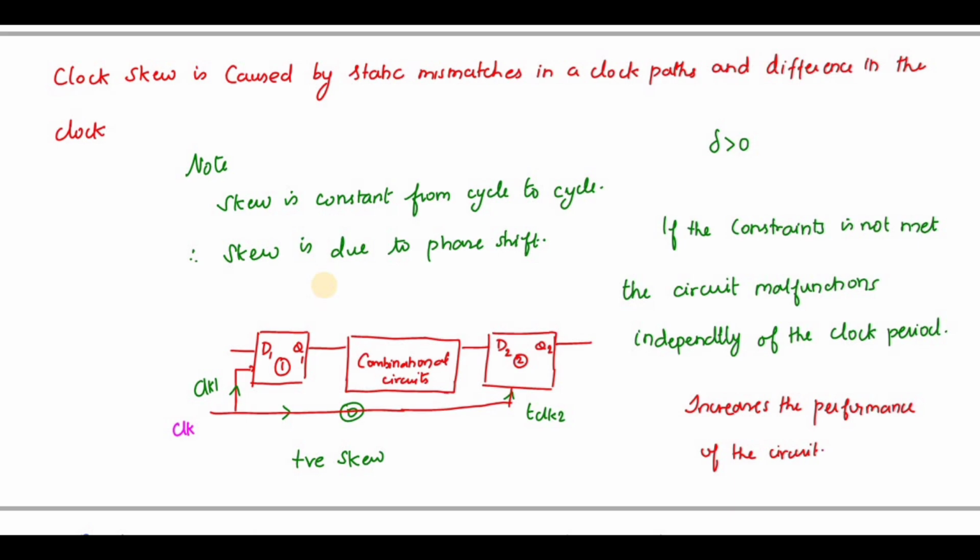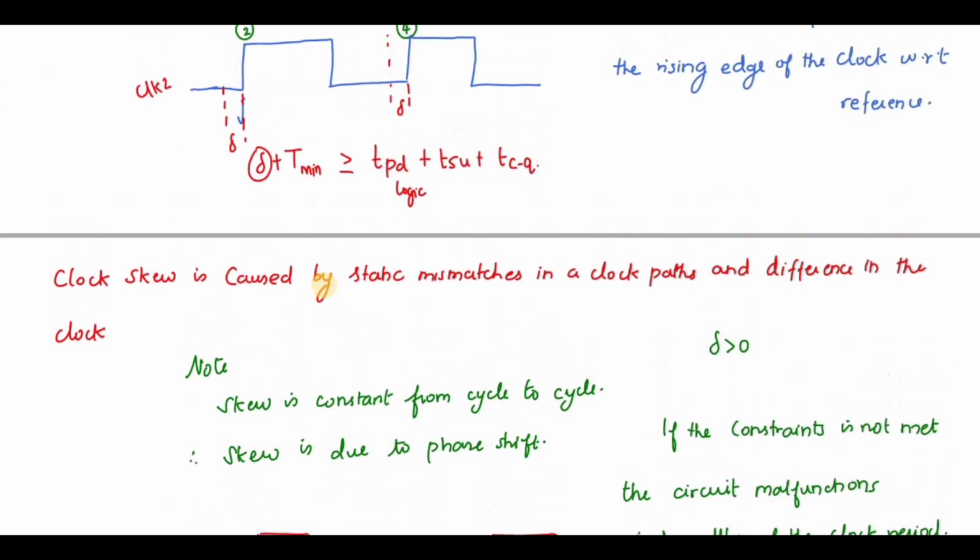So if I am not maintaining the hold time constraint properly, it will cause a big problem. So for the positive skew, there is no problem with the setup time. There is no violation in the setup time, but it will cause a violation in the hold time.